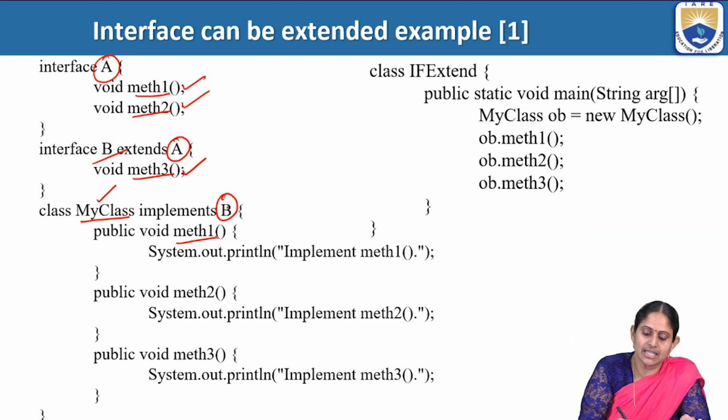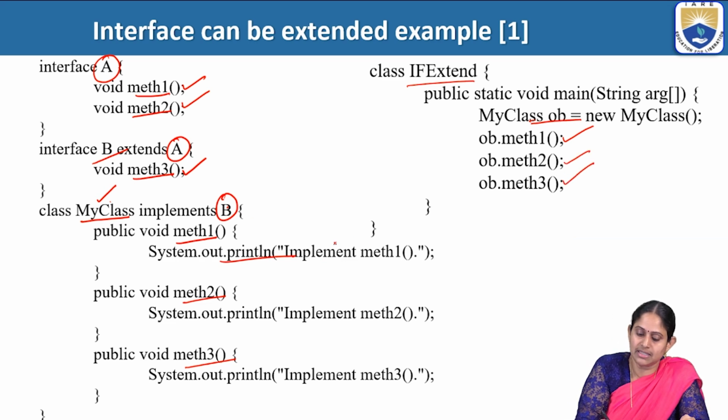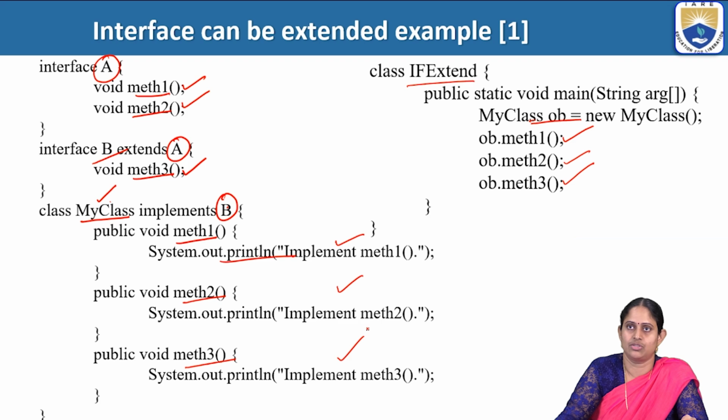Here meth1 is given some implementation to print something. Meth2 and meth3 are also given some implementation. Then the driver class is creating an object of MyClass and invoking the meth1, meth2 and meth3 methods, which will in turn print these three statements onto the console.